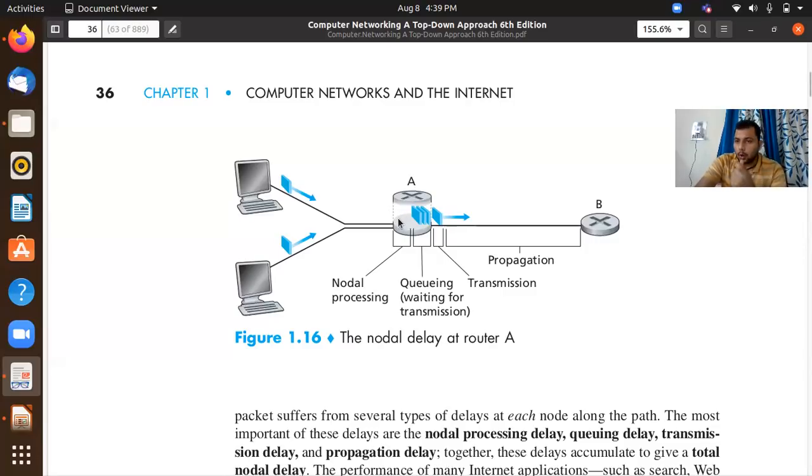How long it remains there before the processor picks it up for processing, that time the packet spends inside the buffer, is called the queuing delay, because that is the queue. It follows first in first out mode. So whatever comes first gets processed first. That's why it's a queuing delay.